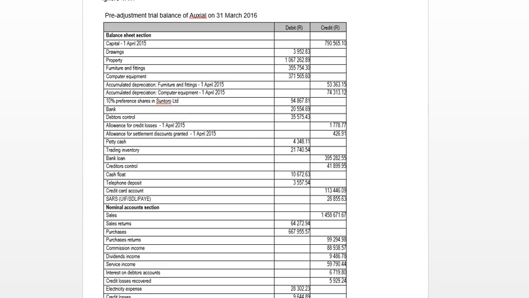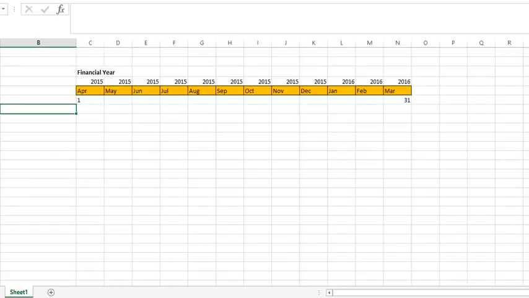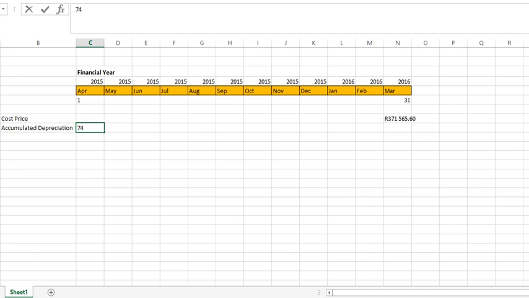Okay, so if we record that in our timeline, so our cost price at the end of the year was 371,565 and 60 cents, and our accumulated depreciation at the beginning of the year was 74,313 and 12 cents.